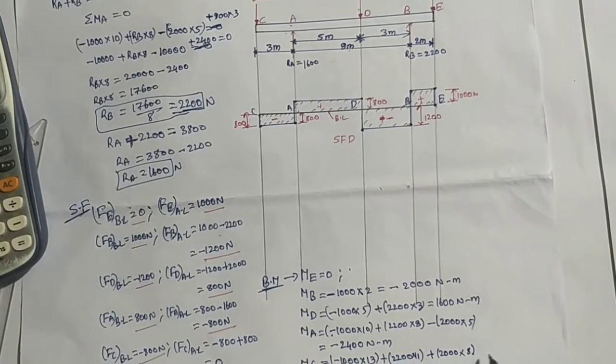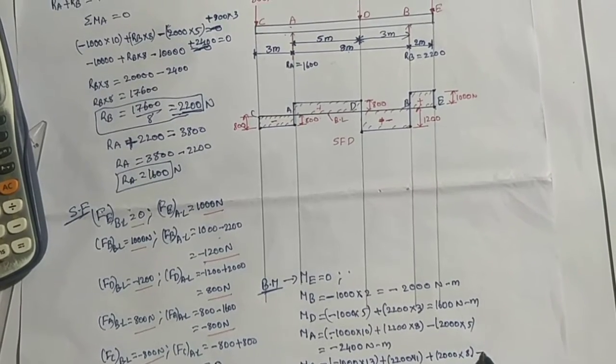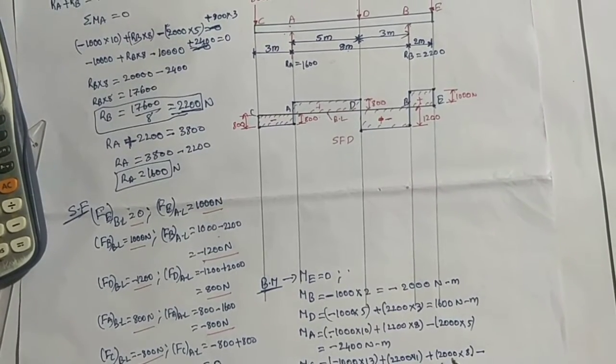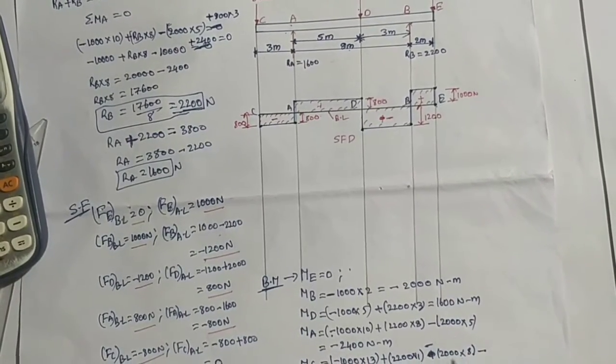Next load is 1600 acting anti-clockwise, so it is, sorry, this is negative. 2000 is acting clockwise.